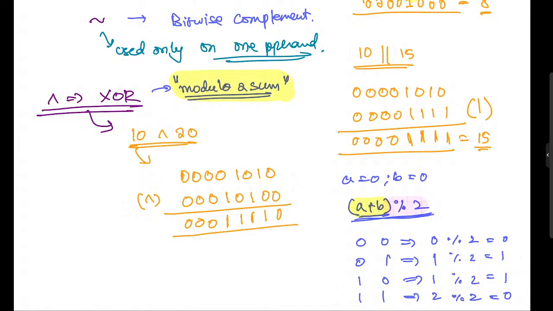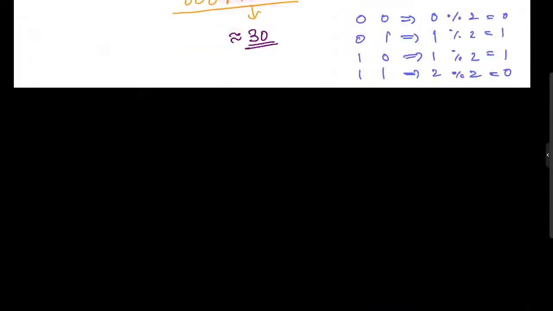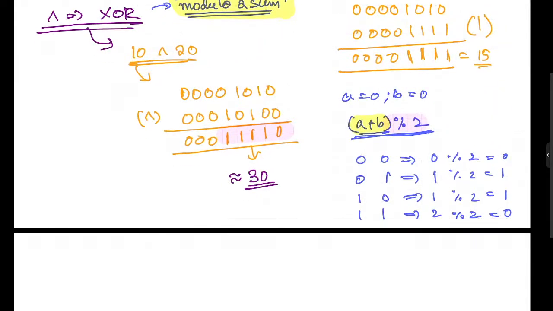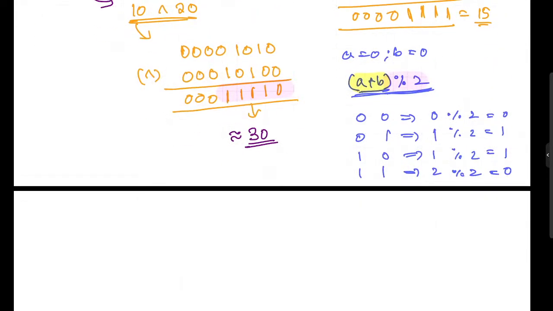What is this number? It should be 30, right? Because if these were all ones, they would form 31, minus this one, so this will be 30. This number is 30 in terms of normal English, right?